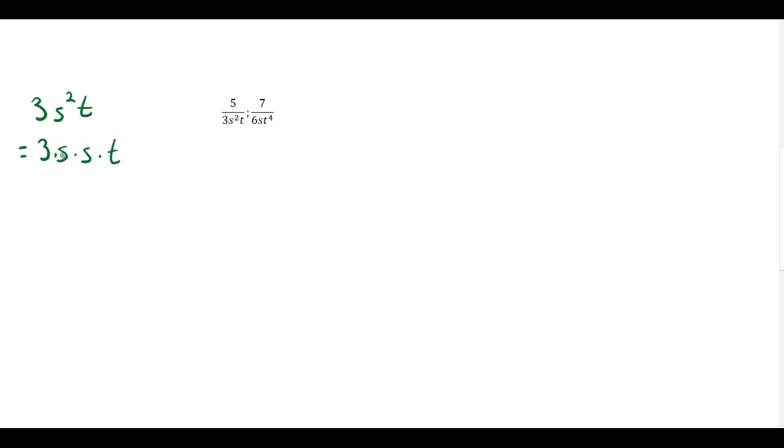Okay? Now looking at the 6st to the 4th, 6 is not a prime number. 6 is a composite, which is made up of 2 times 3. Then I have an s, and I have 4 t's. Remember, that's what the exponent means.